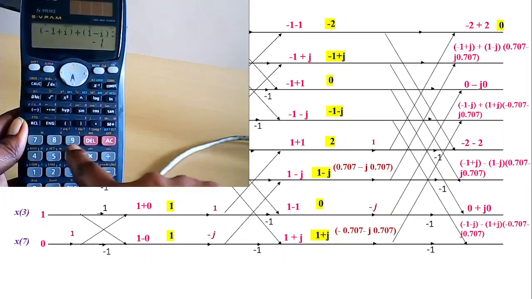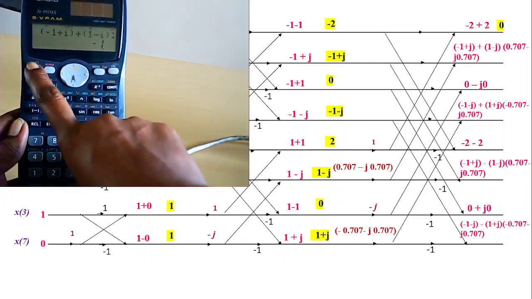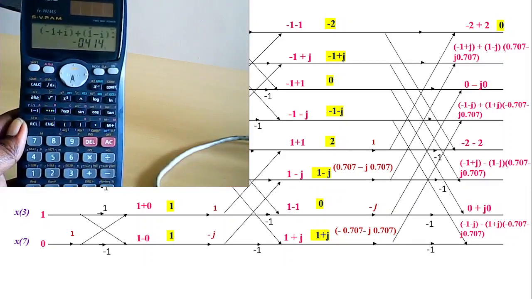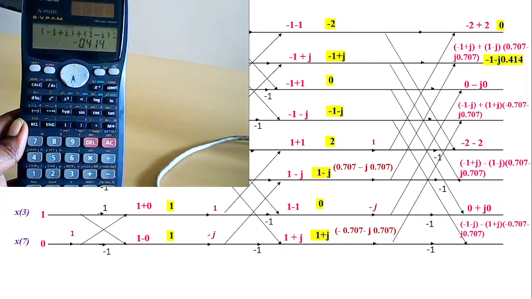So you have your real part -1, shift equal to, minus 0.414j. Then 0 minus 0j is going to be 0.